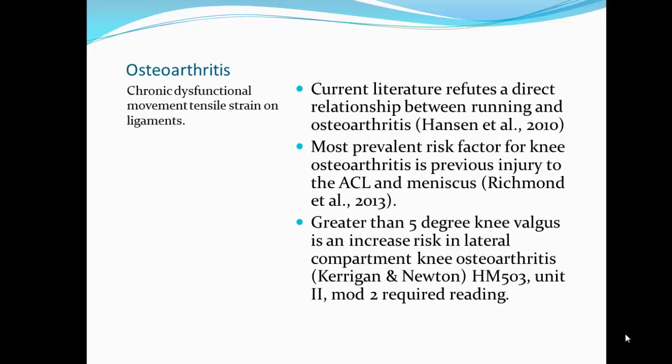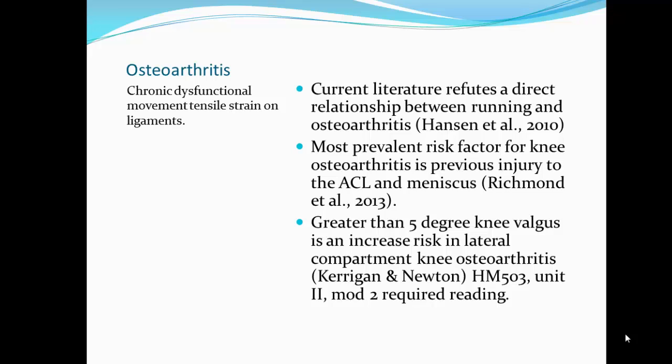Now, I know that we've discussed osteoarthritis in great detail on the discussion board, so I want to make sure that I'm clear in that the current literature refutes a direct relationship between running and osteoarthritis, but the most prevalent risk factor for knee osteoarthritis is previous injury to the ACL and meniscus, and that's exactly what we were seeing in the previous slide of the ground reaction force vector being placed lateral to the knee itself.